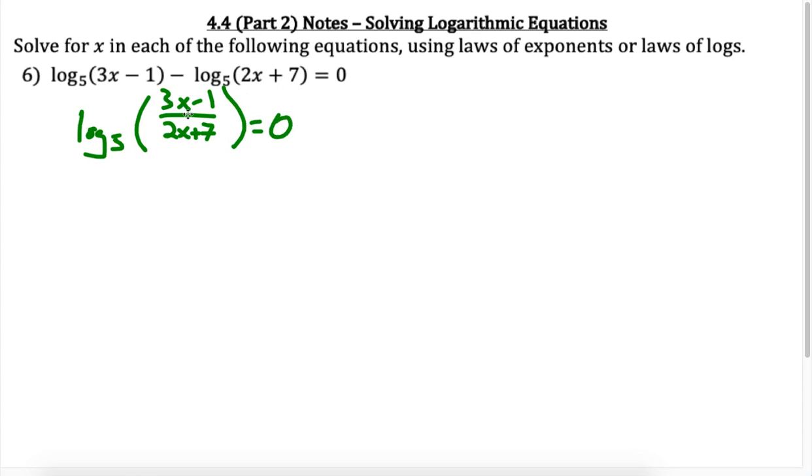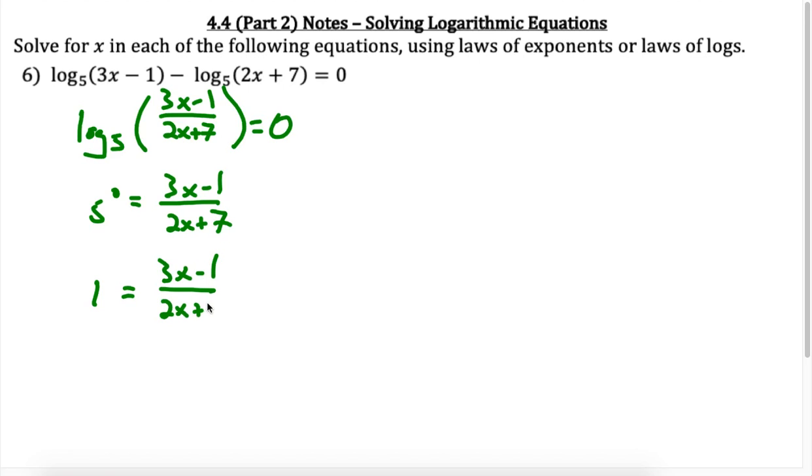Now that I have this written as a single log equal to a number, I can rewrite this as an exponential. We can say 5 to the 0 power equals 3x minus 1 over 2x plus 7. Again, anything to the 0 power is 1. So 1 equals 3x minus 1 over 2x plus 7.